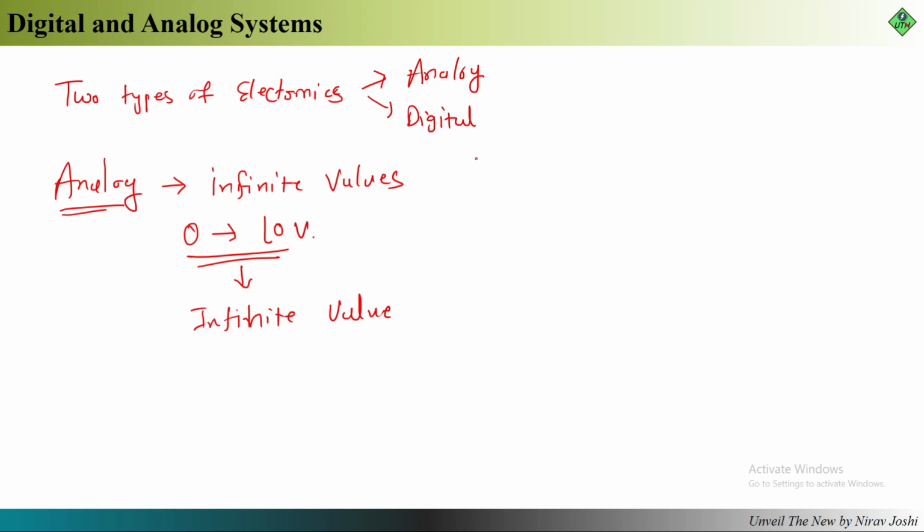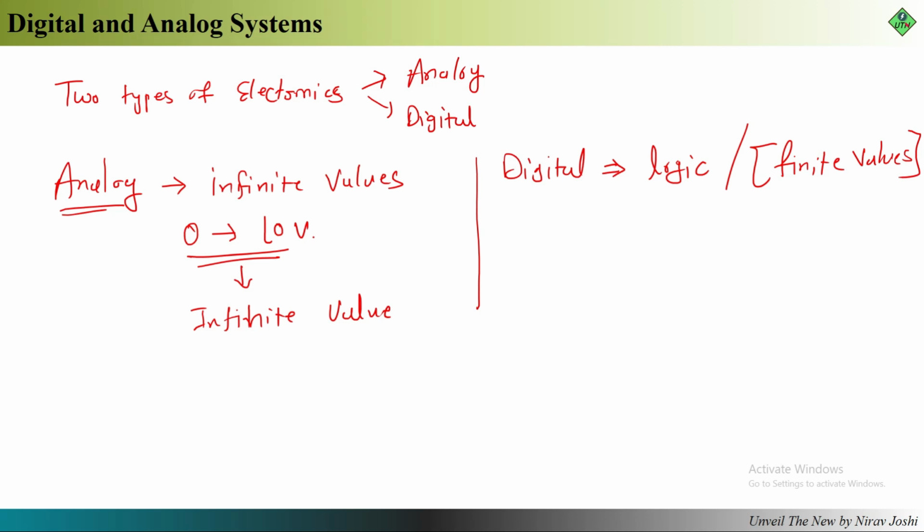Fine. And if we speak about digital, then digital always plays in logic, or we can say finite values. Now what is the meaning of this logic, or finite values? Here I have given an example. If my voltage range is from 0 to 10, the same example we will take for digital also.